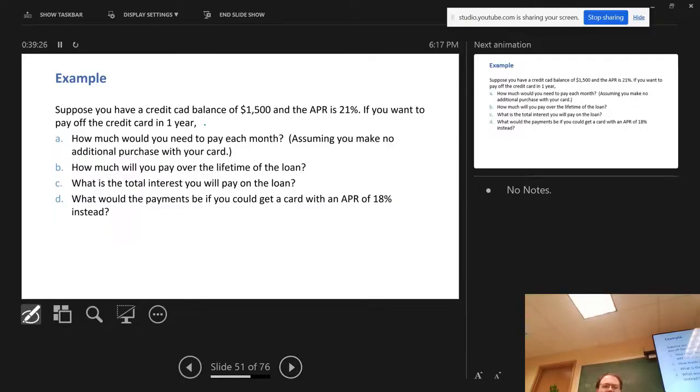So credit card balance of $1,500. APR is 21%. So we could think of this as a loan. 1,500 balance, 21% interest rate, 1 year to pay it off.